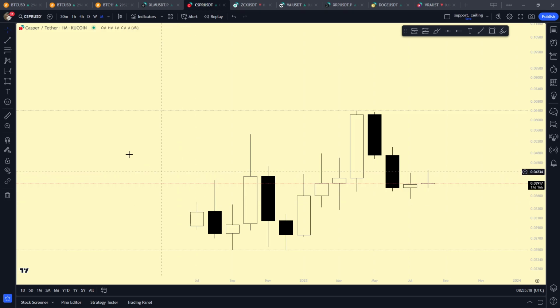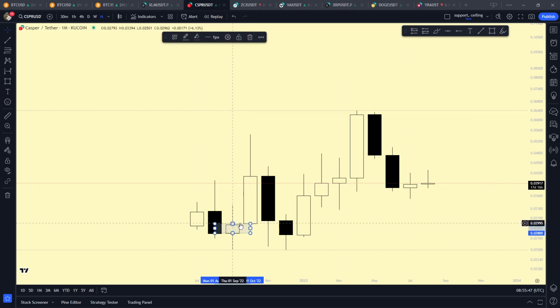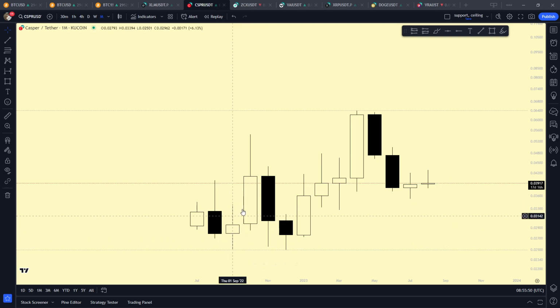So, all right, what we can do first off is finding the resistances and the supports. I can actually say with quite confidence that the doji candle is this one, where it's not really clear who won, the buyers or the sellers, because it's such a small area like this that the sellers and the buyers were fighting.